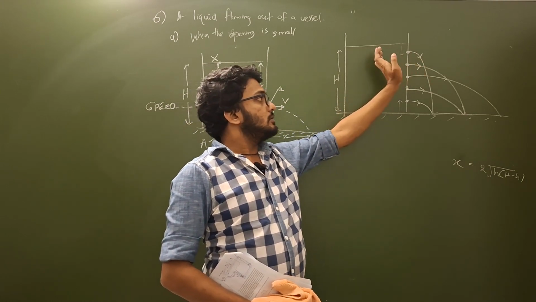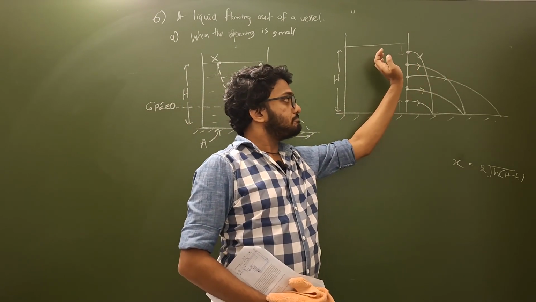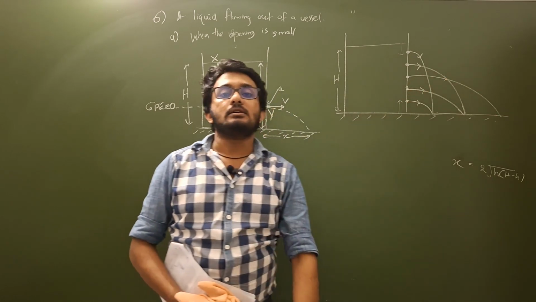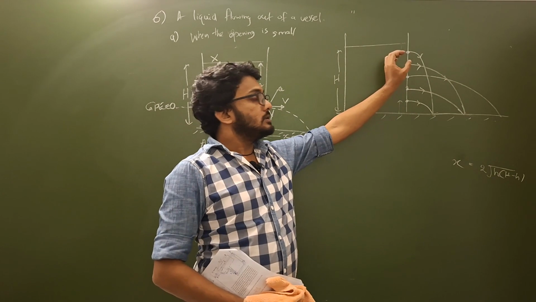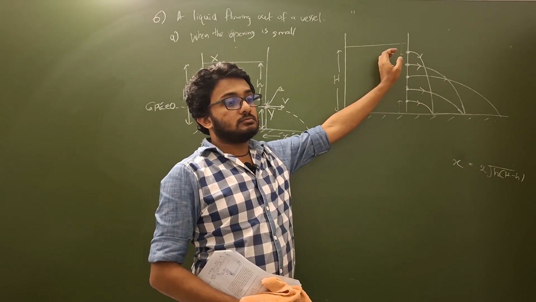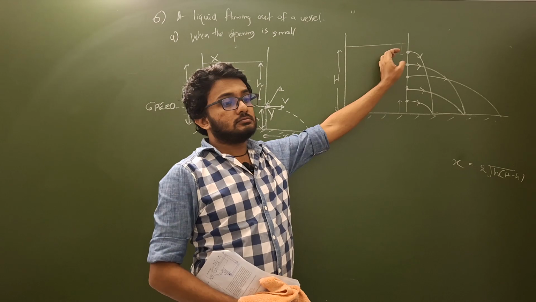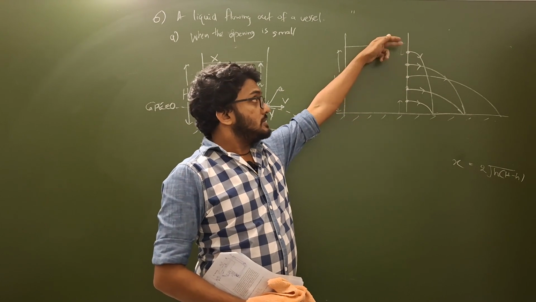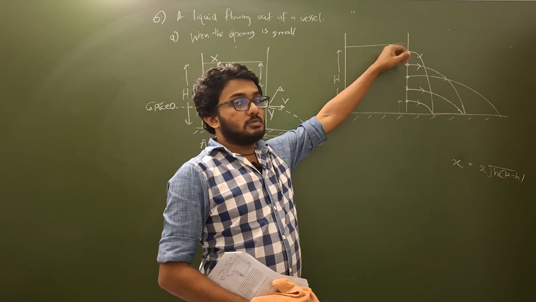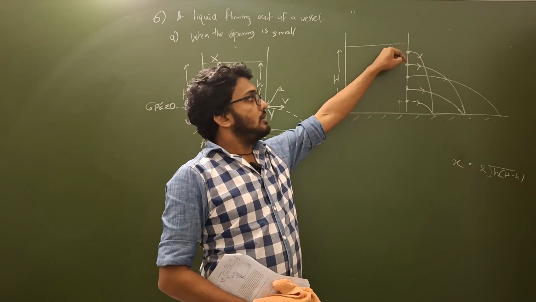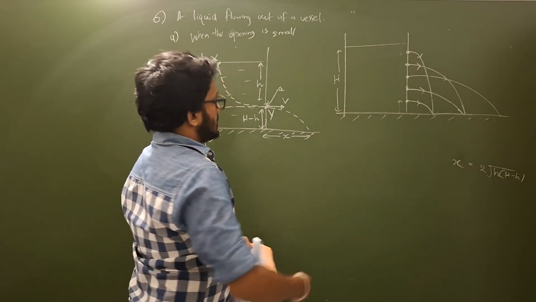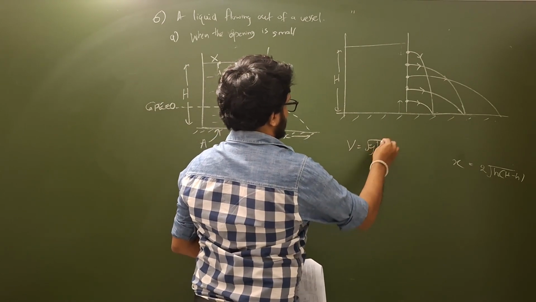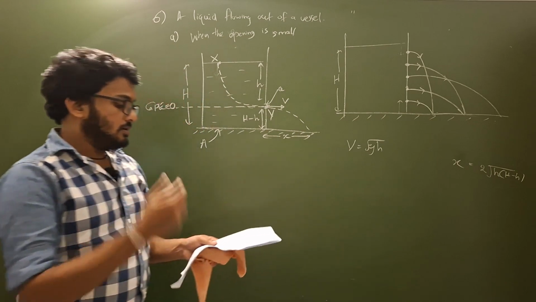Therefore it won't spray out, because this pressure is small, because this depth is small. From this equation we know velocity is given by the root gh equation. We did it a while ago.